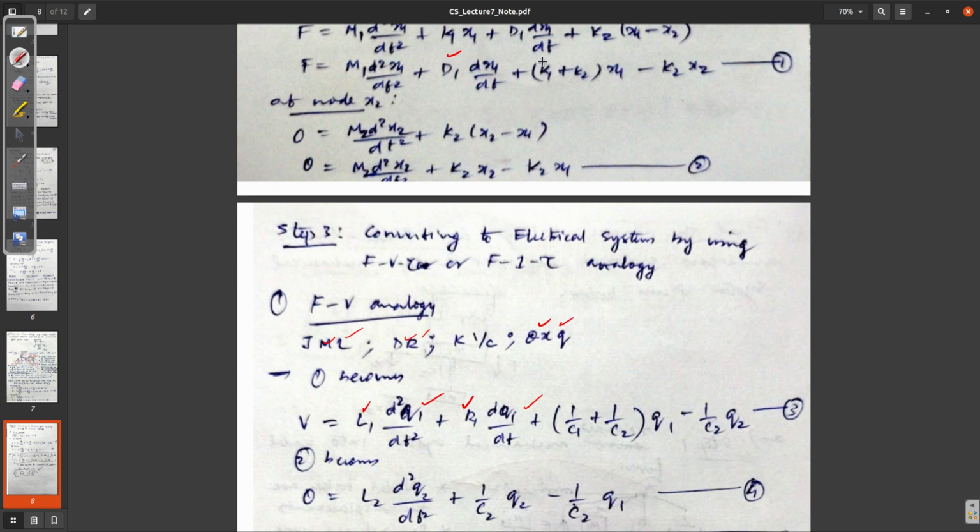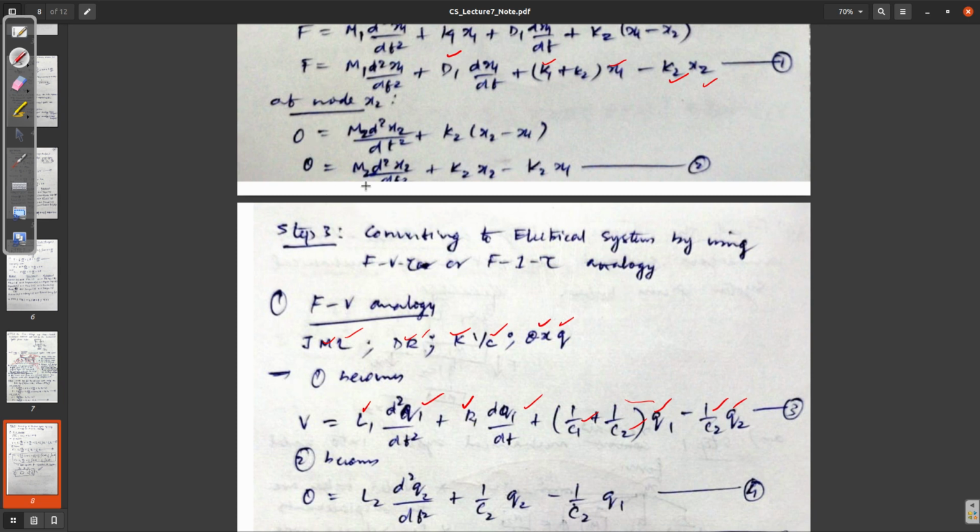Similarly, K will become 1 by C. K1 plus K2 becomes 1 by C1 plus 1 by C2. X1 will become Q1. Similarly, K2 and X2. This is our equation number 3.